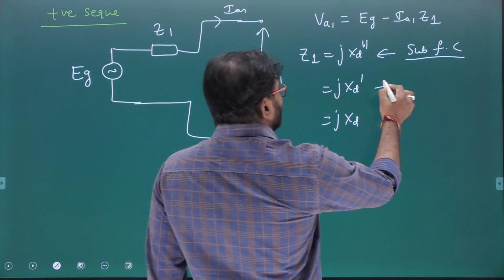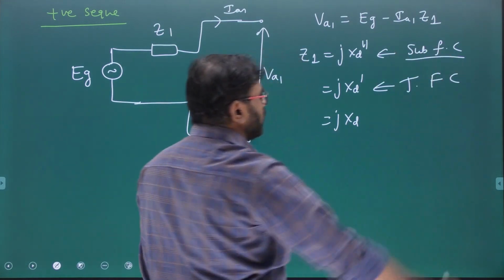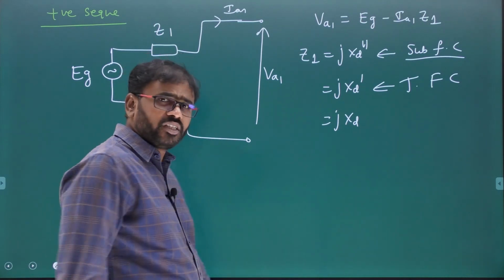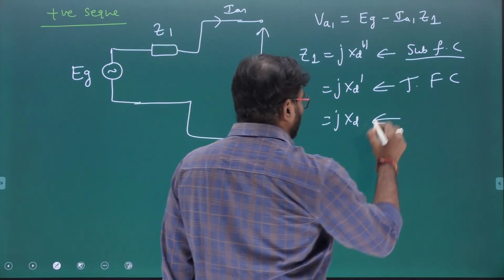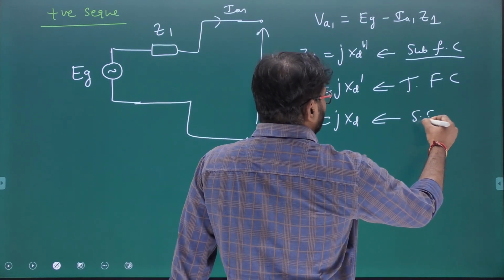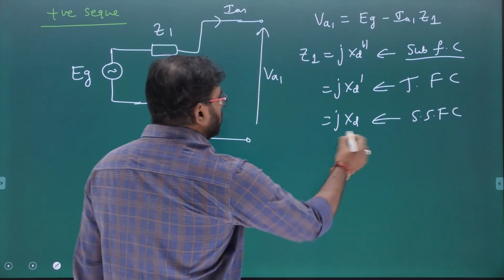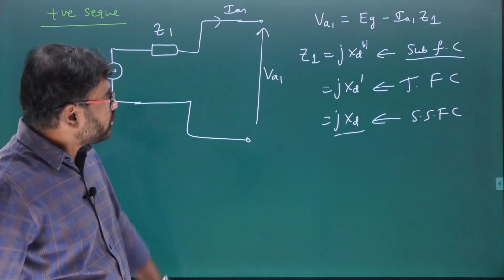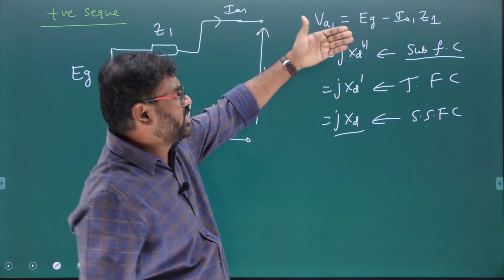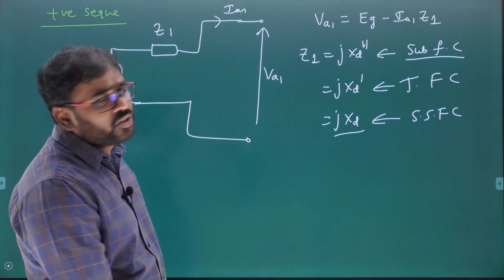If the question is to calculate the transient fault current, then you substitute JXd dash. If the question is the sustained or steady state fault current, then you substitute JXd. So depending on the subtransient period, transient period and steady state period, the positive sequence impedance will change.